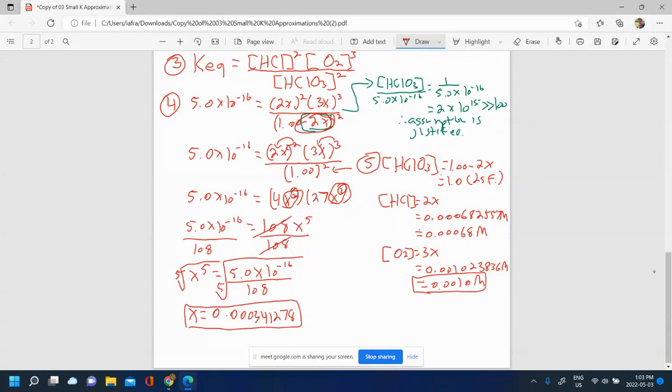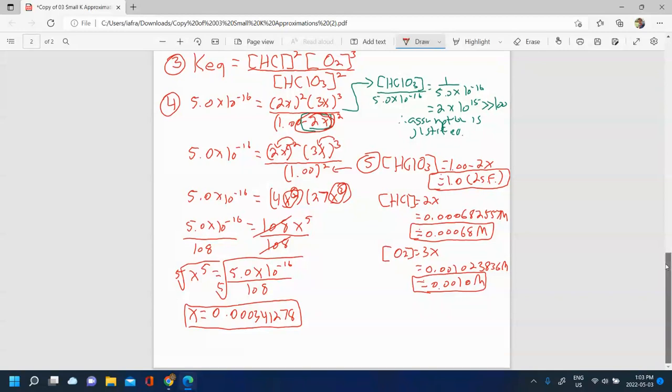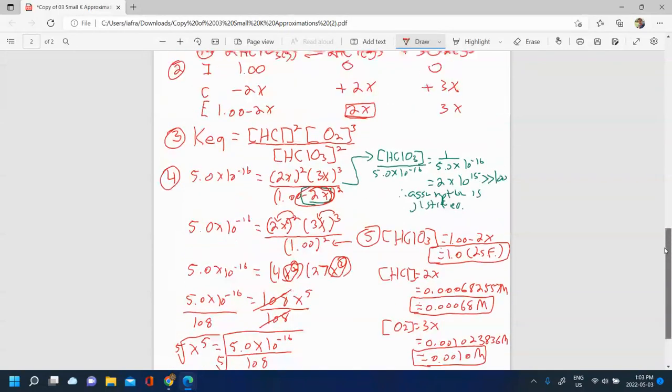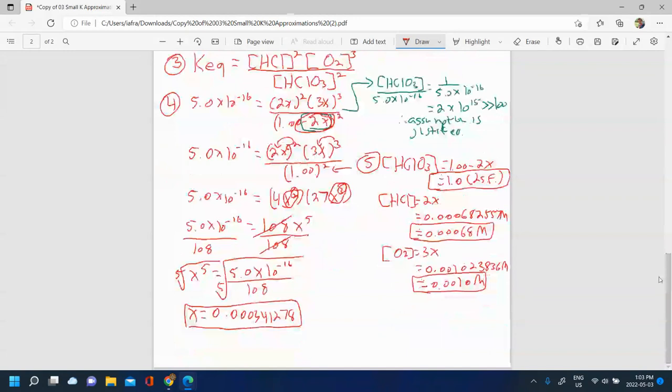So we have our concentration of the O2, our concentration of the HCl, and our concentration of the HClO3, all determined at equilibrium. We can check our work by plugging these into our equilibrium expression to see if we get the same K value that we had at the beginning. So let's go do that just in case we made a mistake. It's a possibility, who knows?